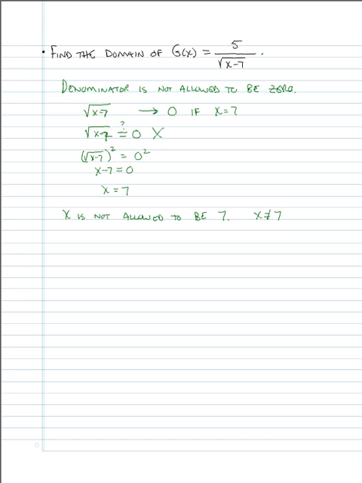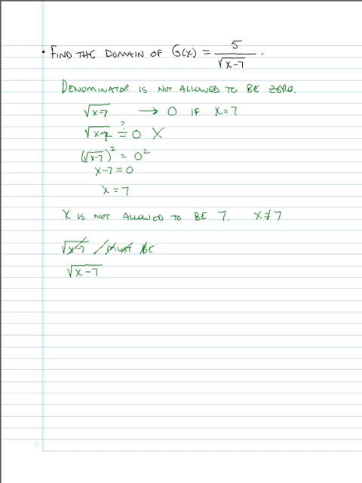Now, I'm kind of going in a circle here because there's another issue. The square root of x minus 7 has to be positive then. We have another problem when we're dealing with the square root of x minus 7.